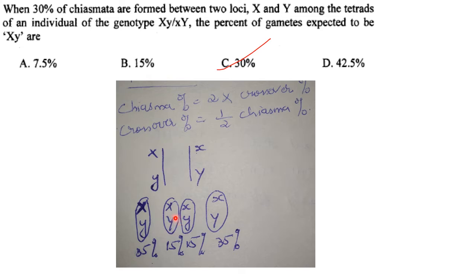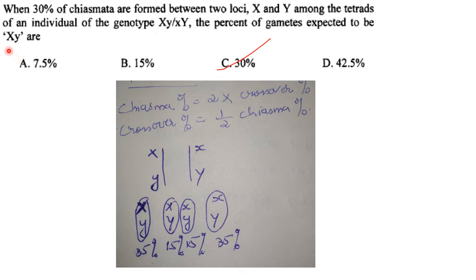That is, those which are recombinants. So it will be 15% and 15% for the crossover or recombinant gametes. And the remaining 35% each will be the parental combinations, that is capital X small y.